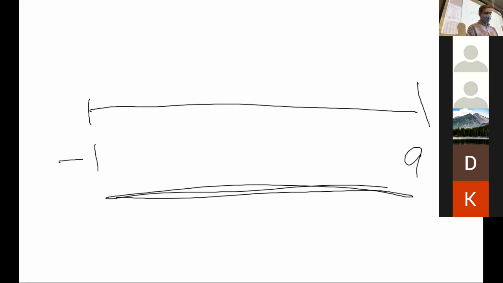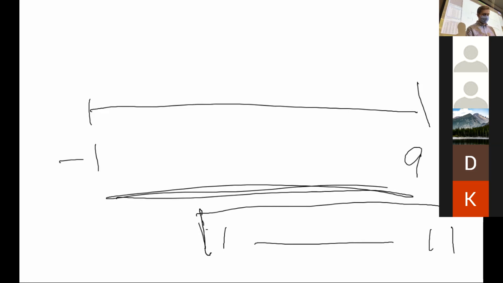If they all fell in the positive direction, so let's say instead of -1 to 9, it was 1 to 11, we would say there's an effect, right? We don't know the size of the effect, but because every possible answer is in the positive direction, we would say there's an effect. Similarly, if it was all negative, we would say there's likely an effect.